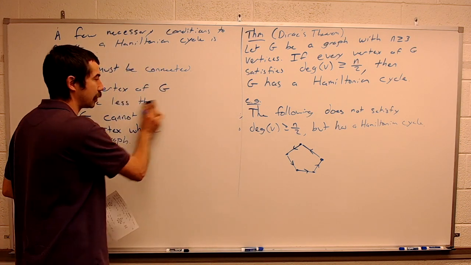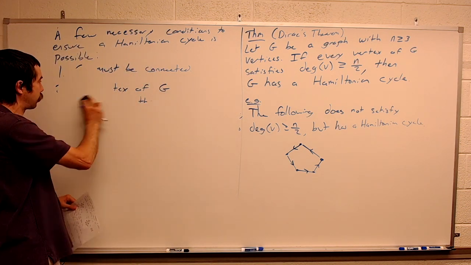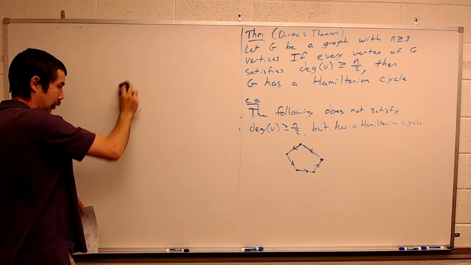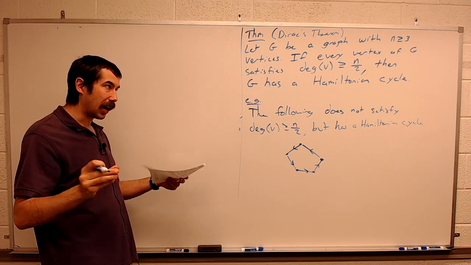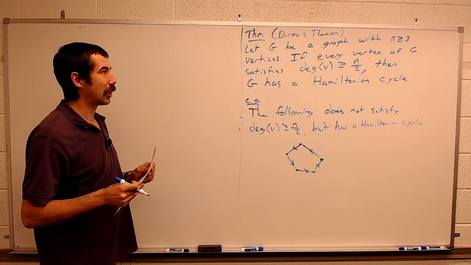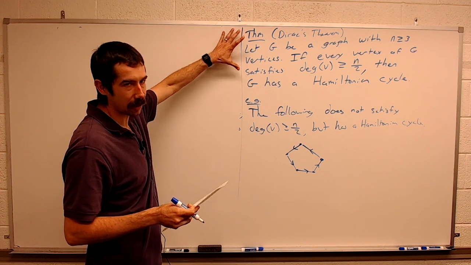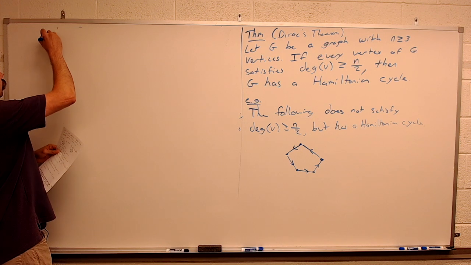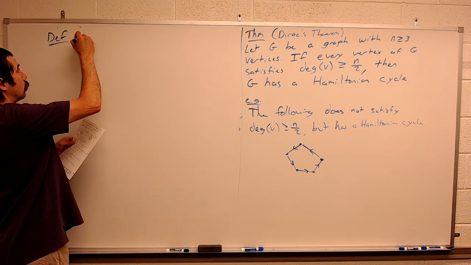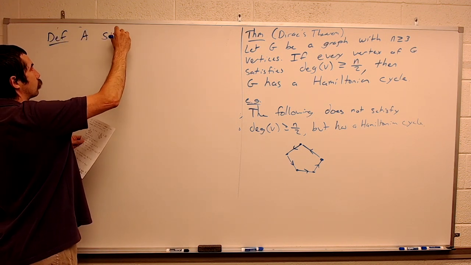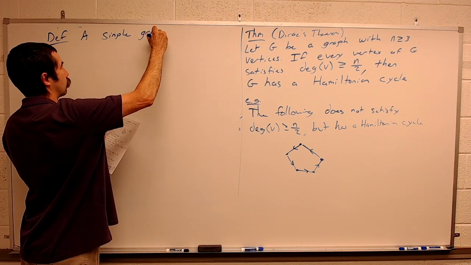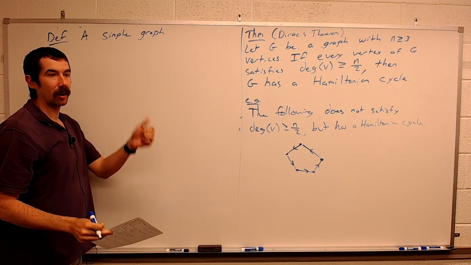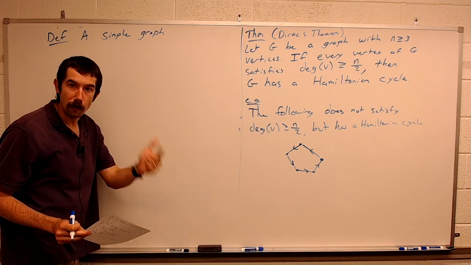So we're now going to turn our attention to a family of graphs that are as connected as possible. These are the graphs with the most possible edges. And so they certainly are going to satisfy this theorem, and they are certainly going to have a Hamiltonian cycle. Okay, a simple graph. Remember what simple means. Simple means that there are no loops and no multi-edges.